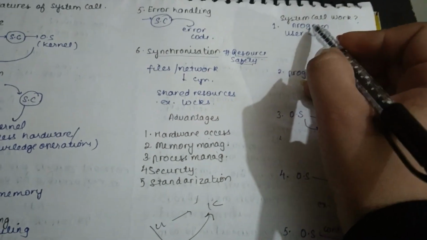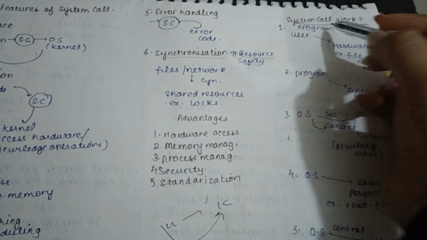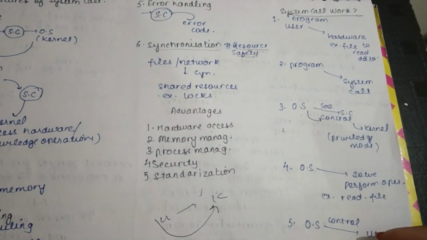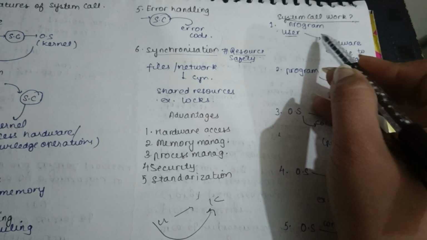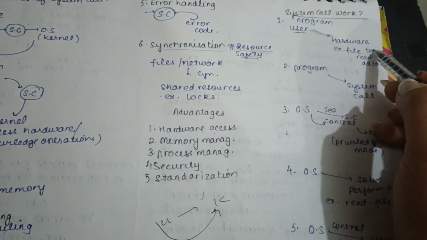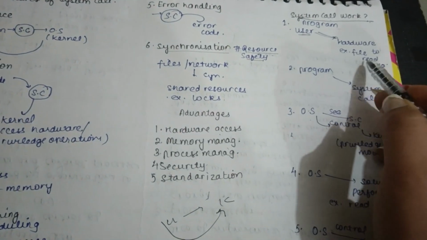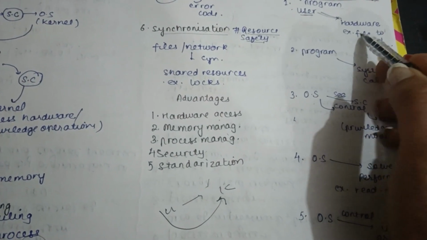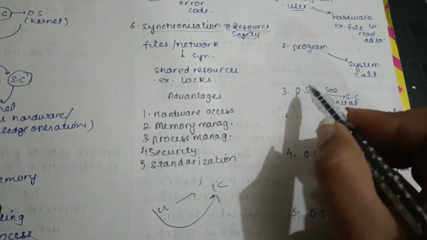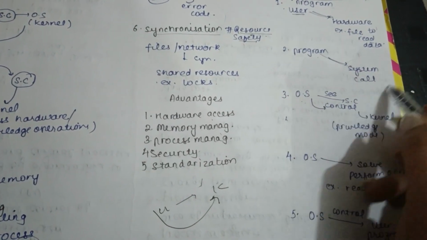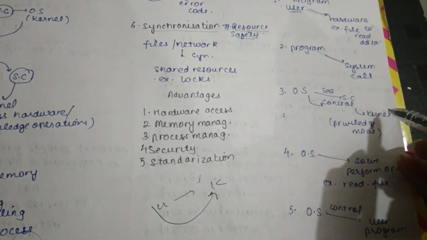And now let's discuss how the system call works. It could be divided into five steps. I've listed it down this way. Number one is that the user needs the hardware. We are running a program and the user might need the hardware. For example, we need a file to read the data, so that program would make a system call, and the operating system will see the system call and give control to the kernel, which is a privileged mode.